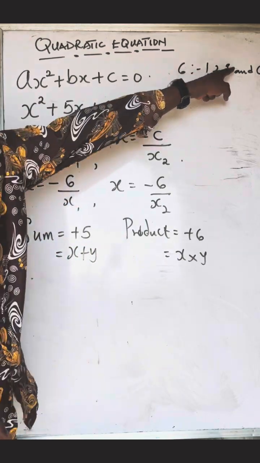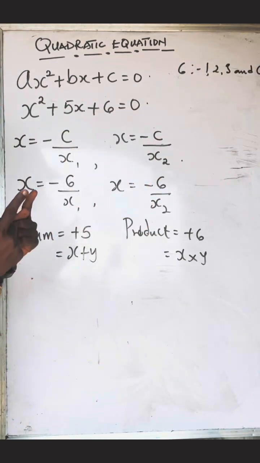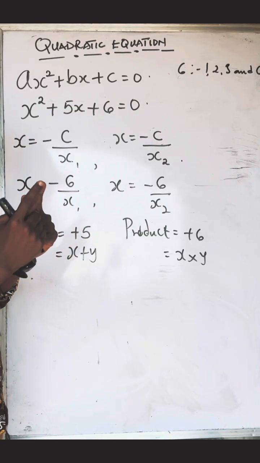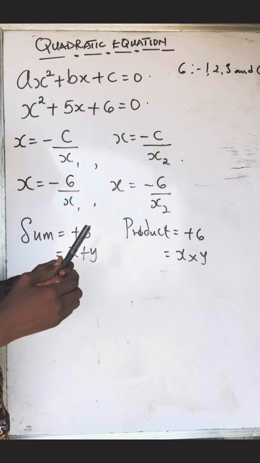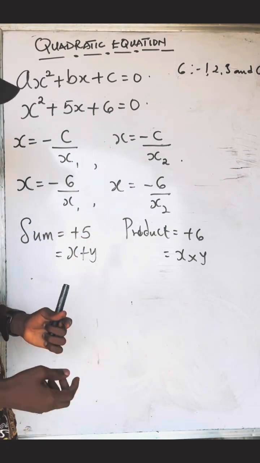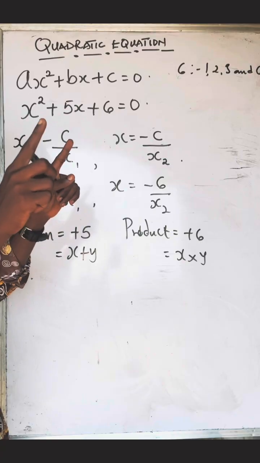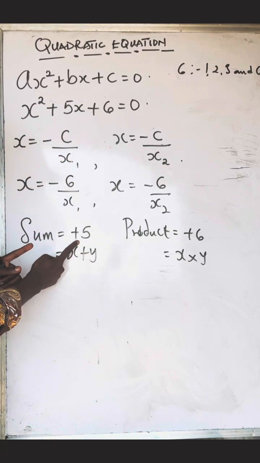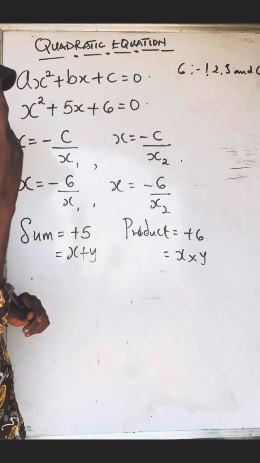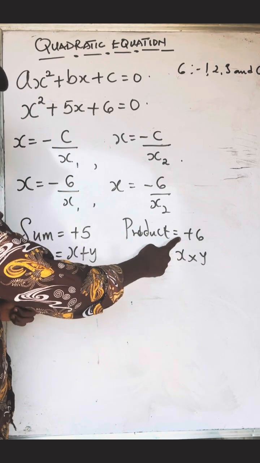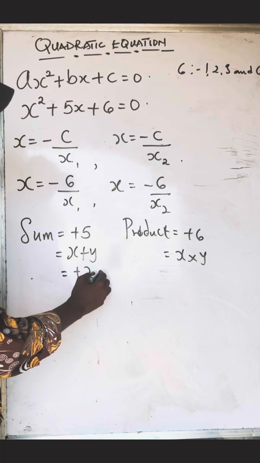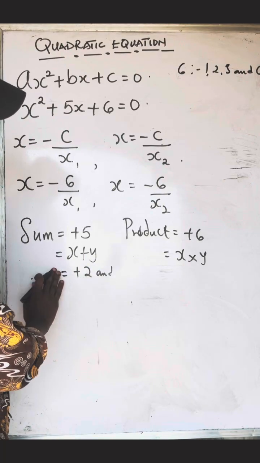Now, from this analysis, which two numbers can I add together and get a plus 5, and multiply together and get a plus 6? If we both understand what I said, two numbers that if you add them together, you get a plus 5, and the same two numbers, if you multiply them, you get a plus 6. The two numbers from here are plus 2 and plus 3.